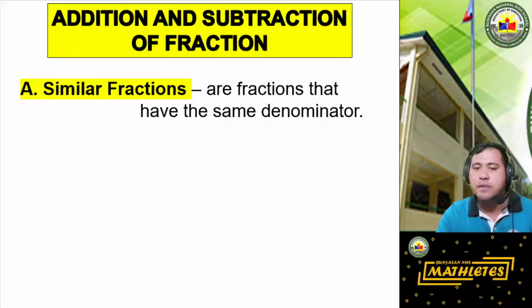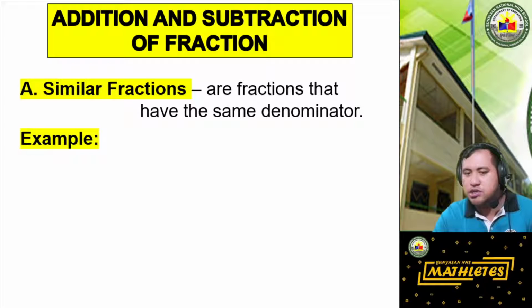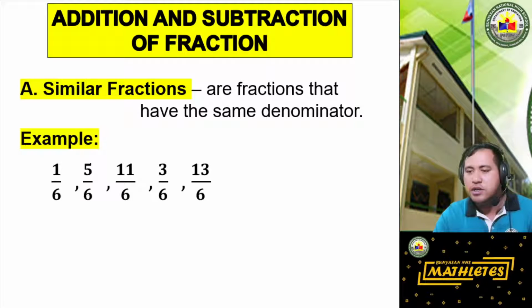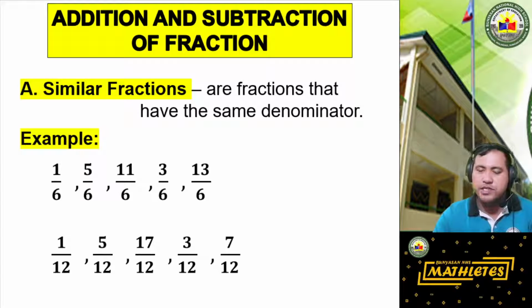Okay, let's start with the similar fractions. Similar fractions are fractions that have the same denominator. Those are examples of similar fractions: 1 over 6, 5 over 6, 11 over 6, 3 over 6, 13 over 6.